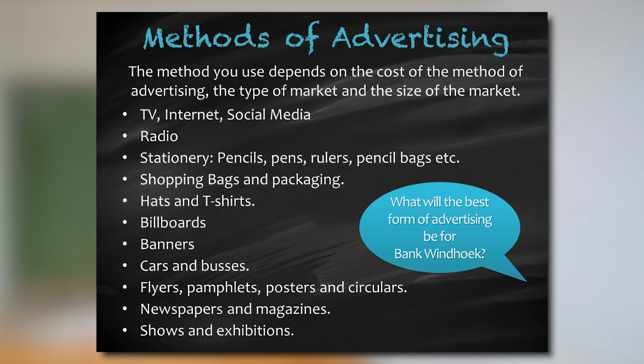So say for example, we have MTC. We know that most of their clients are the Namibian population, that most of their clients love to go to sport events or watch sport events on TV.